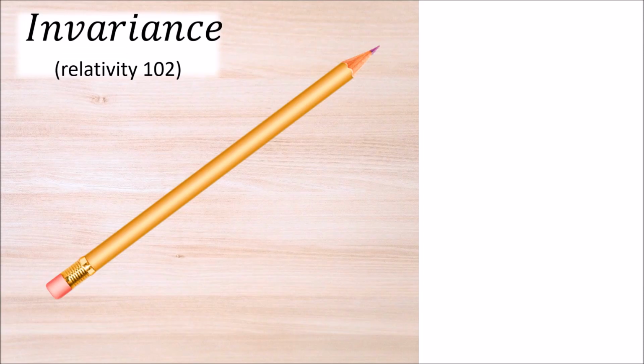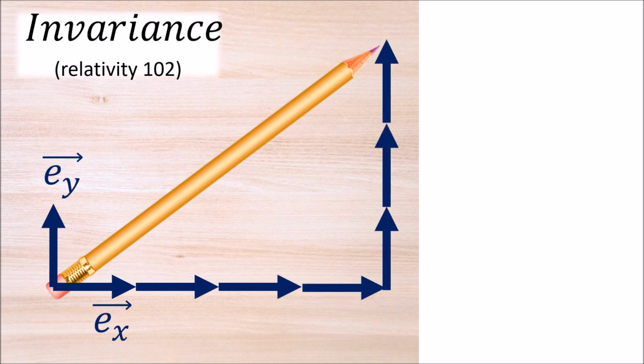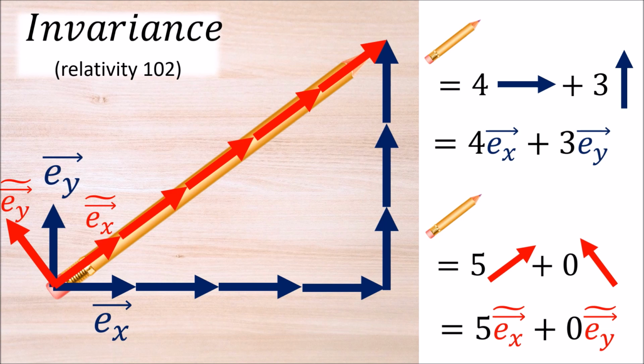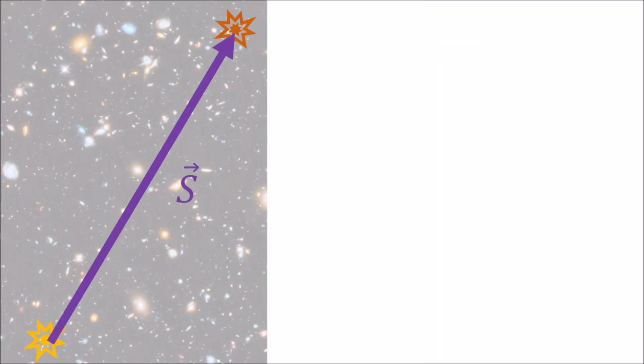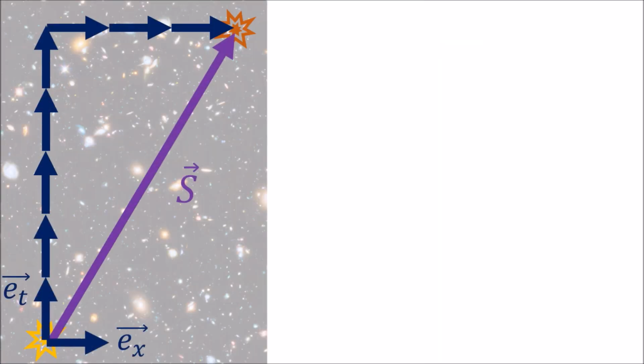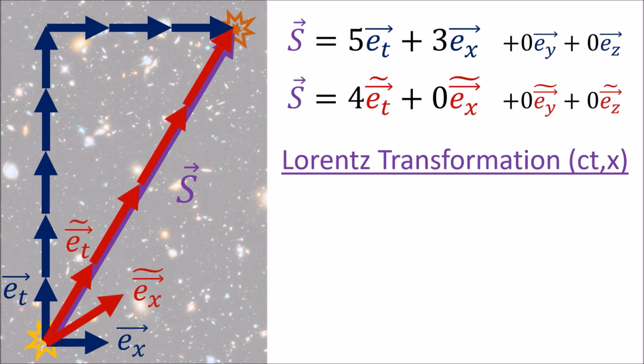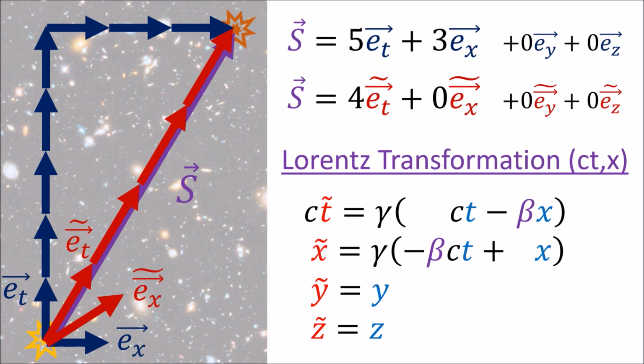Recall the idea of invariance from Relativity 102. If we write the same vector in terms of different basis vectors, we get different components. We've already seen this idea with the spacetime separation vector S, which is also called 4 position. And we can change between the components of S in different reference frames using the Lorentz transformation.